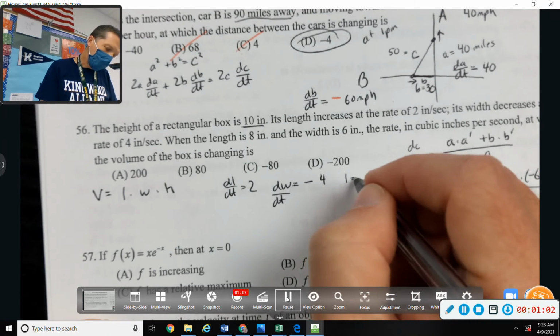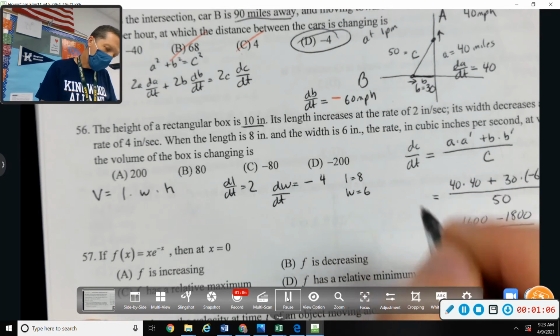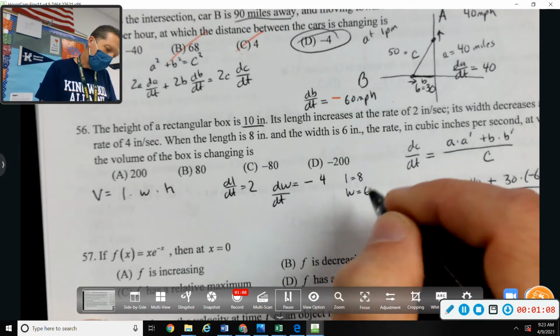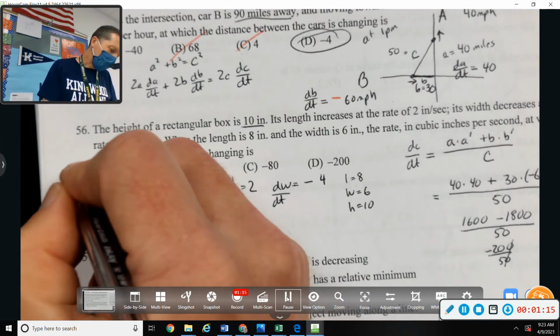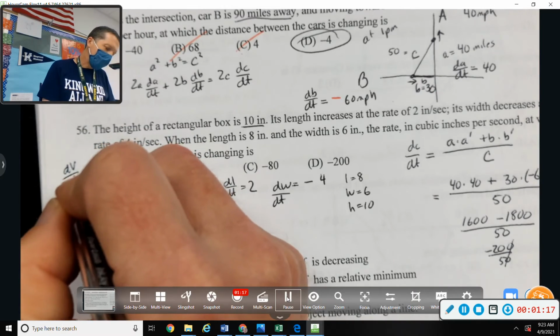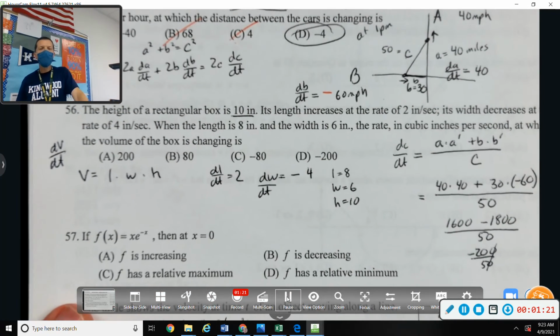When L is 8 and width is 6 and height is 10, because it already told us that, find the rate at which the volume of the box is changing. So find dV/dt. Goodness, that's a lot of numbers in there to keep track of.